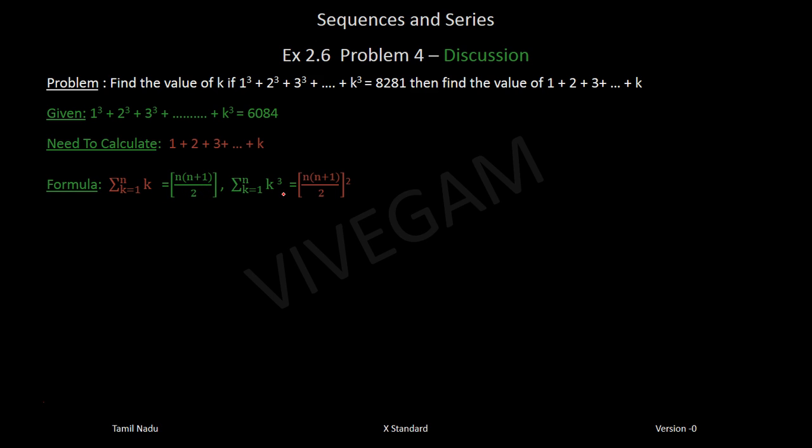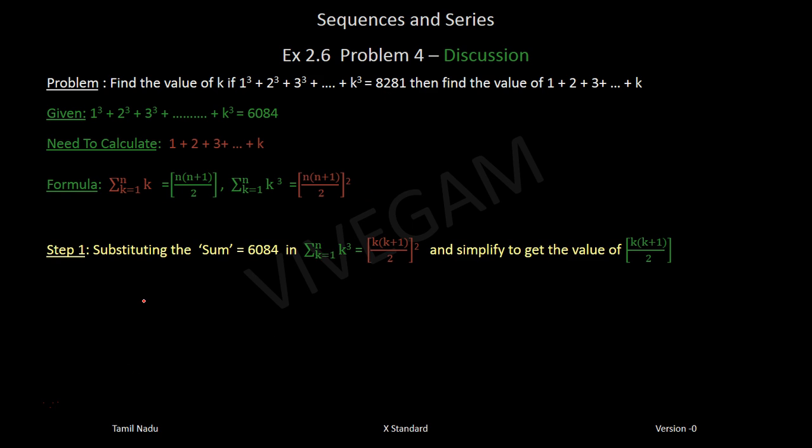Sum of cubes of natural numbers up to k is n into n plus 1 by 2 the whole square. So let's use this condition first. So substituting sum equal to 6084, apply the formula for this series.